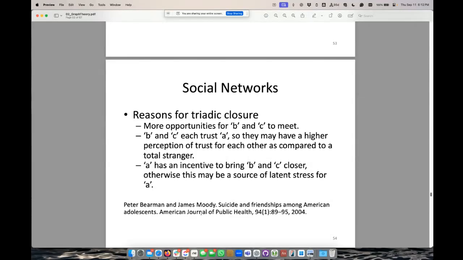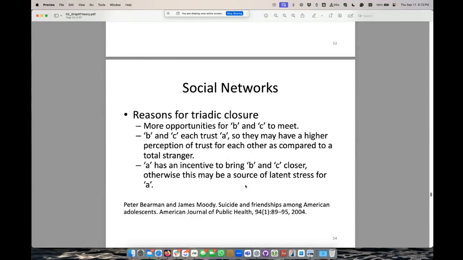In fact, for the third point, there is an interesting article that has investigated this even further and found a striking correlation between people who have open triads and their degree or propensity to contemplate suicide.